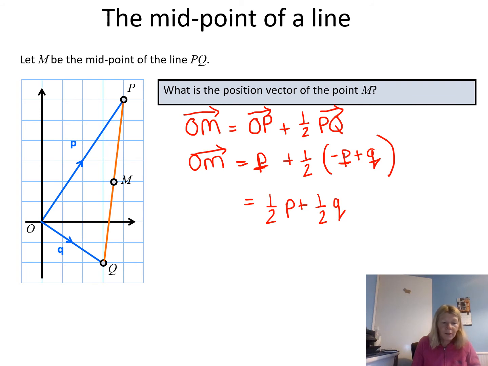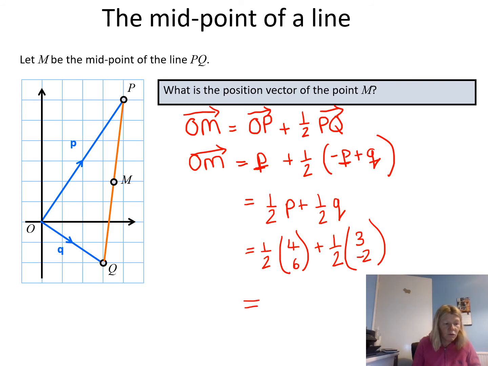If we just want to work that out in terms of the numbers that we've got here, just to see how it all works. So that's a half of P. I think we said P was on the previous slide 4, 6. And a half of Q, which we said on the previous slide was 3, minus 2. So a half of 4 plus a half of 3. That's a bit of a fraction, isn't it?